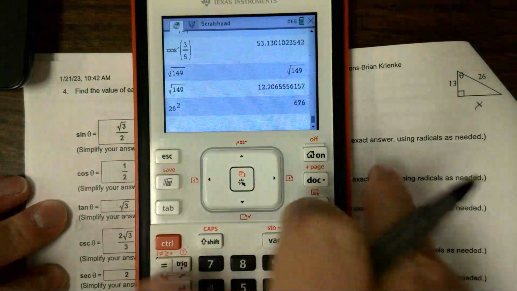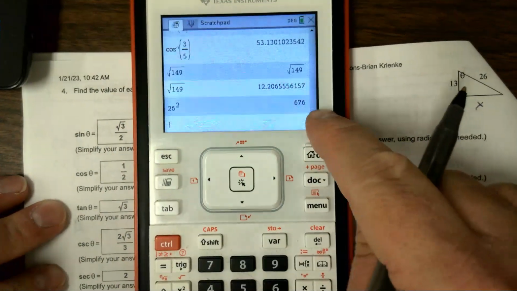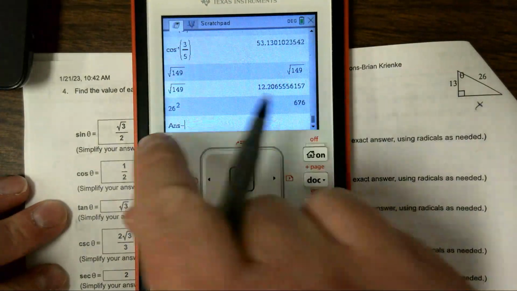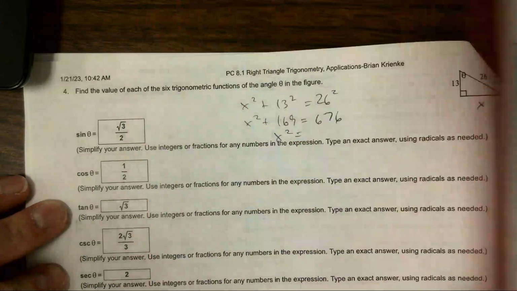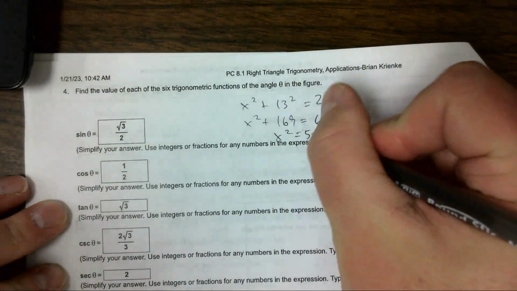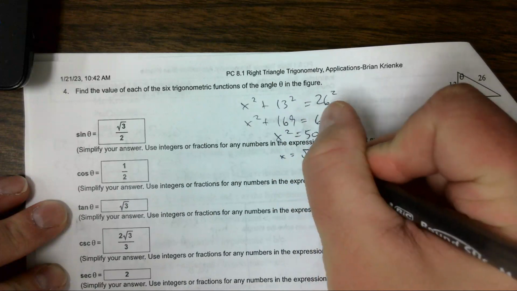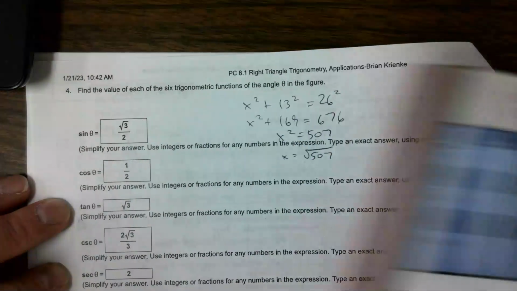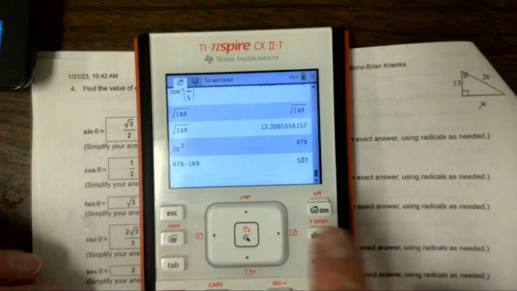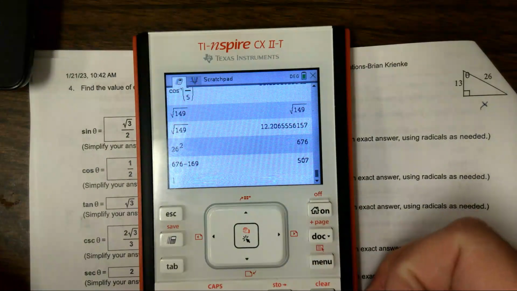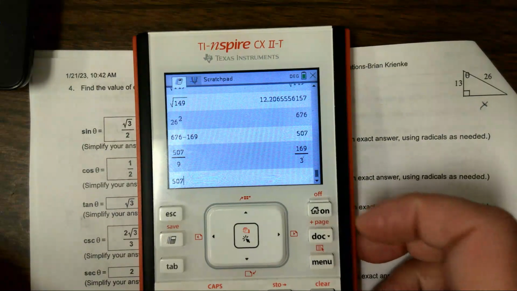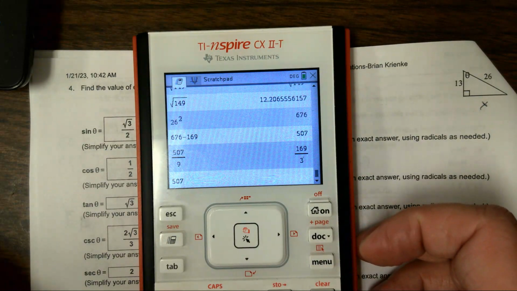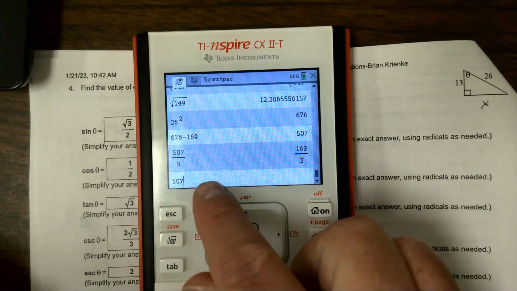And then if you're typing that, and if it is blinking here, hit minus. It says answer minus, and then we want 169, 507. So x is the square root of 507, which I know doesn't reduce, but if you reduce by 9, that doesn't either. Actually, I don't see a way to reduce that.